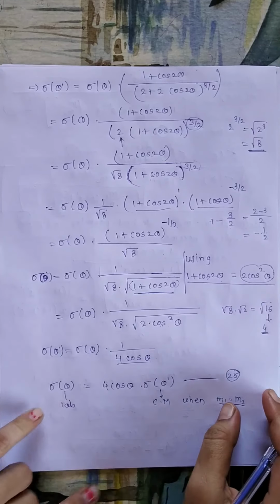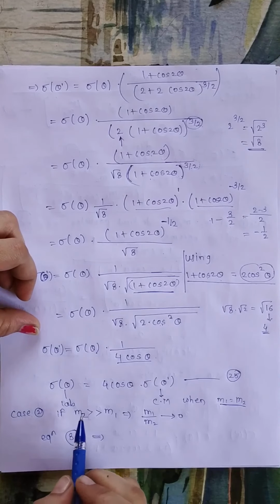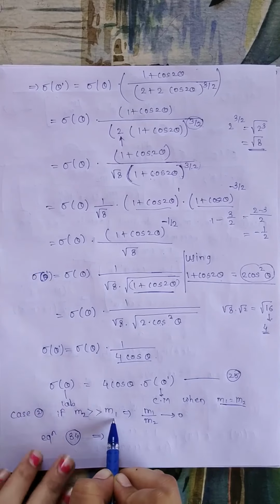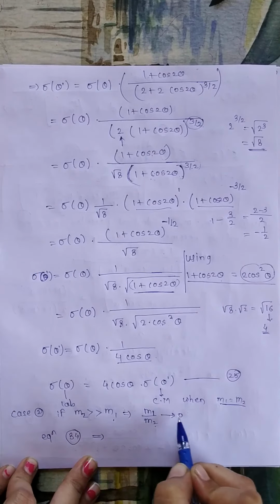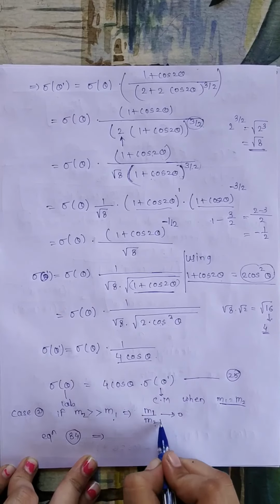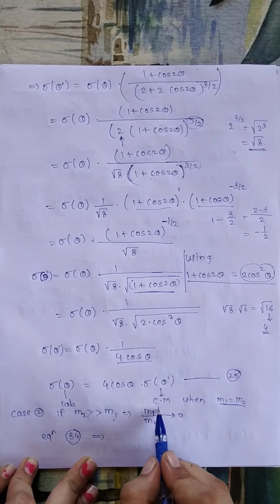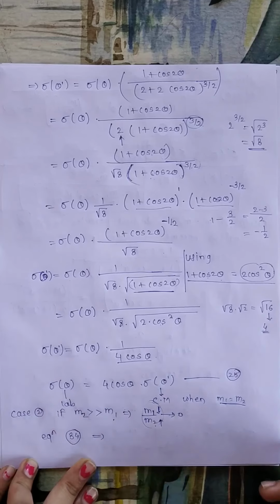Now we will discuss the second case, which is M2 is very much greater than M1, and if this is the case, the ratio of M1 upon M2 will tend to 0. Since this M2 is very large and M1 is very small, if we divide a very small quantity by a very large quantity, that ratio will tend to 0.